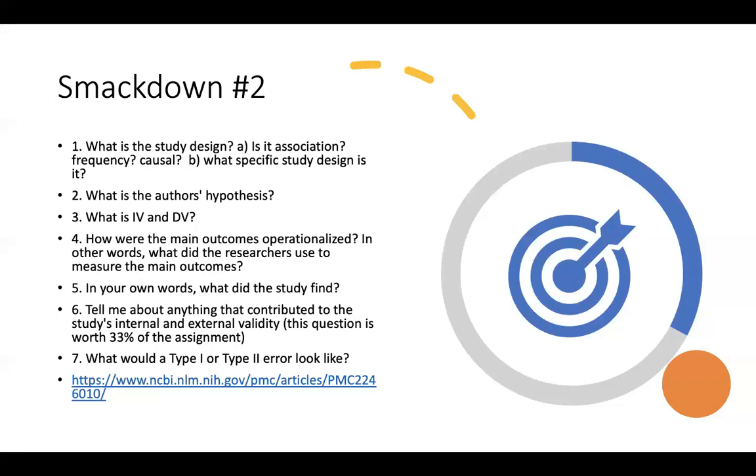It doesn't say this is what we found, because they haven't done the study yet at the time of this writing. And so I thought you might find that kind of fun, since you are also turning in a research proposal. So here's an example of a research proposal that has been published, so you can take a look at their study design and what they plan on doing.